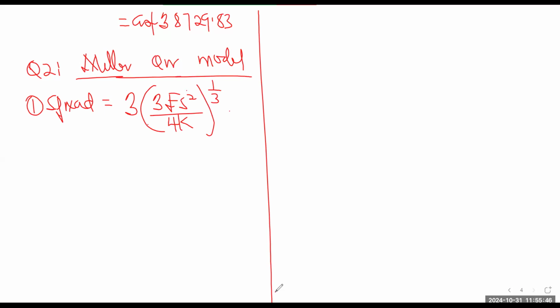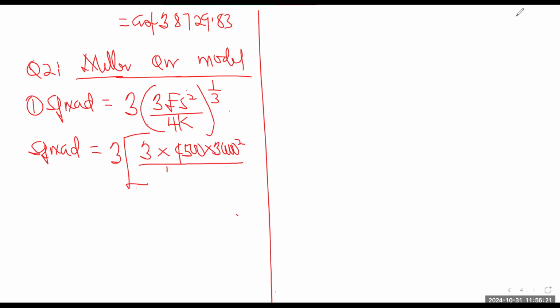Let's go to our question now and determine these issues. 3 into brackets, 3 multiplied by our transaction cost, which is 500 Ghana cedis. Our standard deviation is 30,000, so that will be 30,000 squared, divided by 4 multiplied by the interest rate, 0.03%.